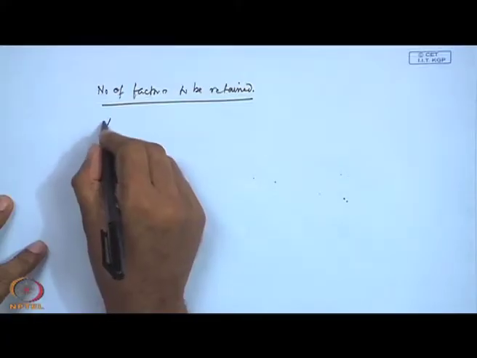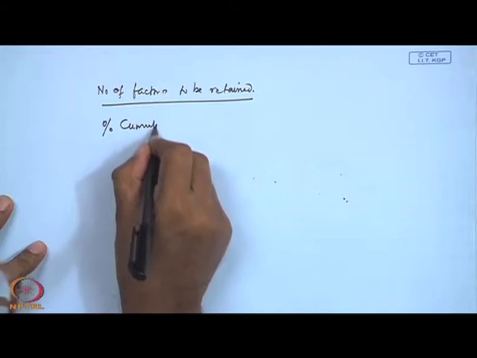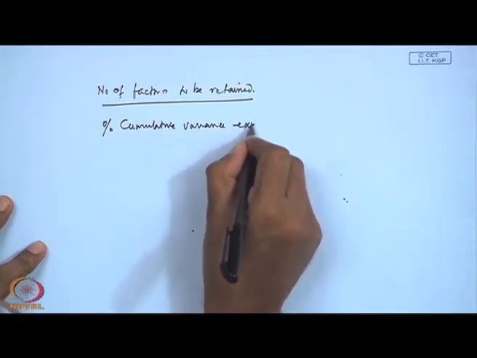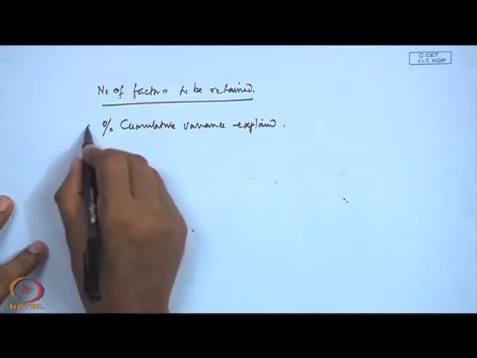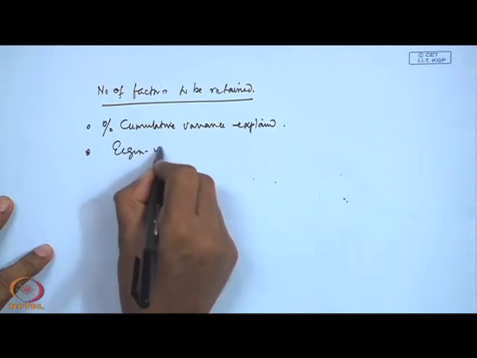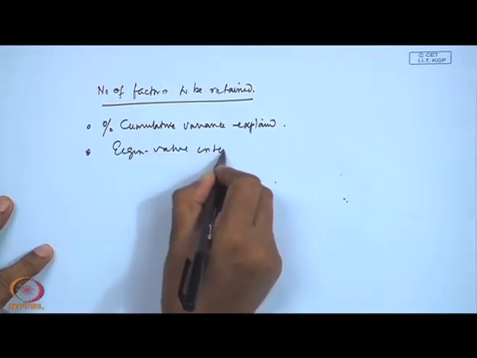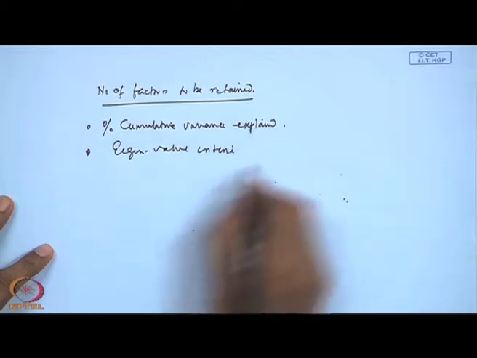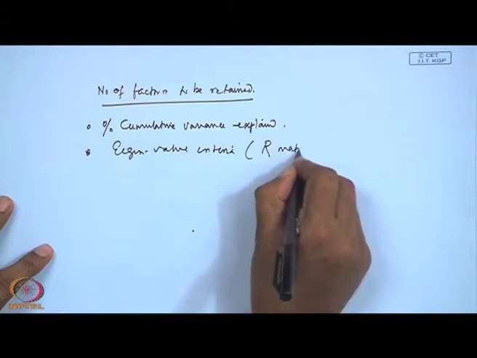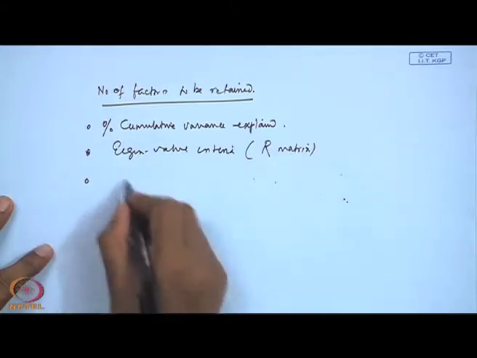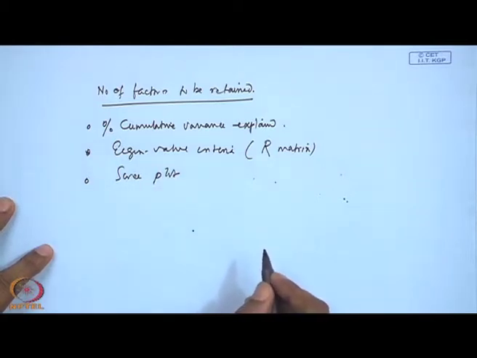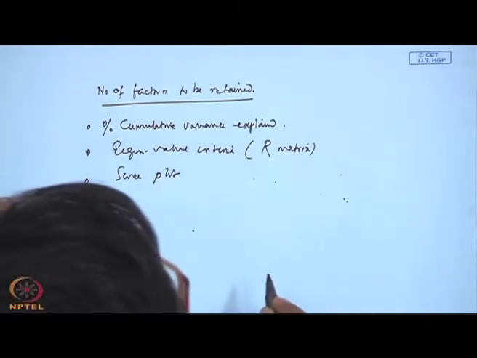For example, cumulative percentage of variance explained, then we have also given you the eigenvalue criterion when you use the R matrix, then the scree plot is there. Similar things we explained there.